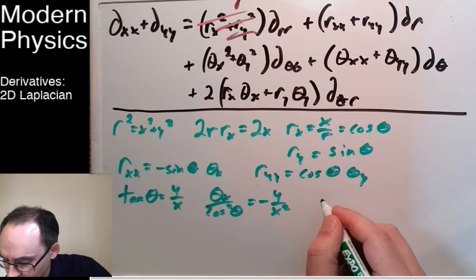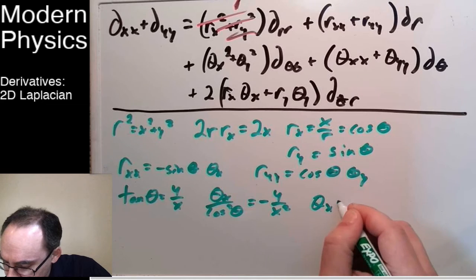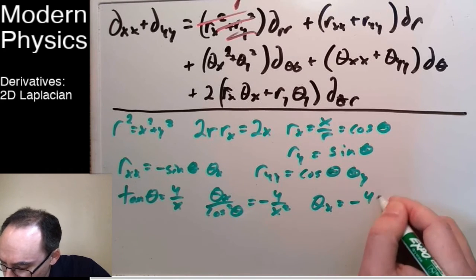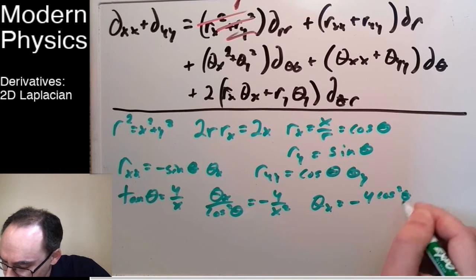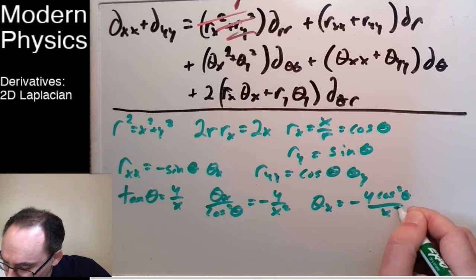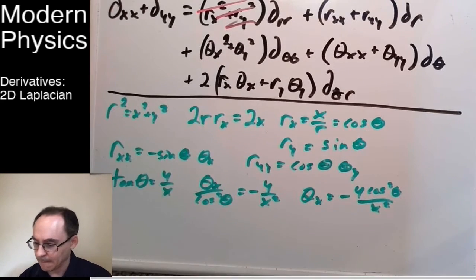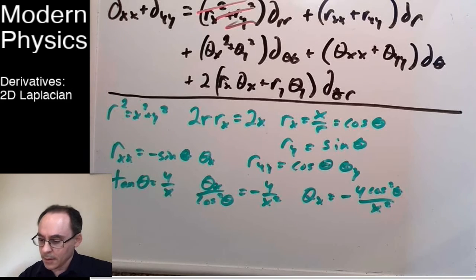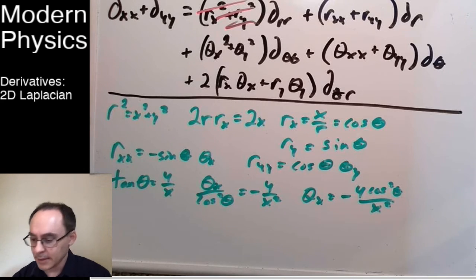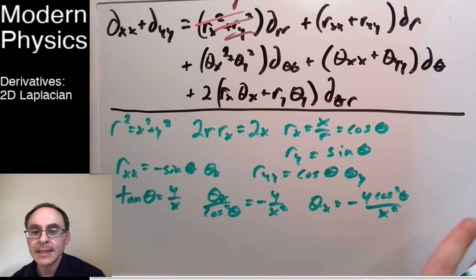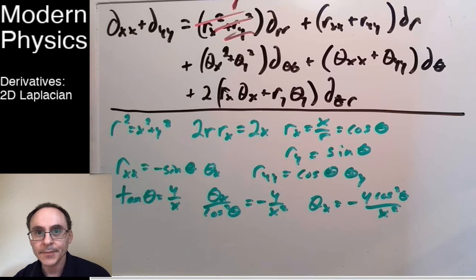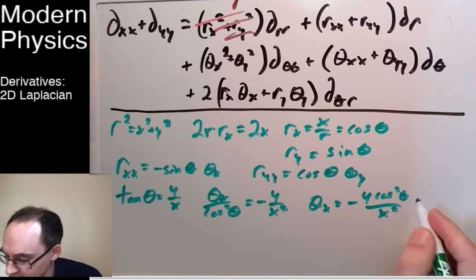And so let me rearrange this a bit. Theta x is minus y cosine squared theta over x squared. Now I can substitute in, I can say x is just r cosine theta. That's what it is in polar coordinates.